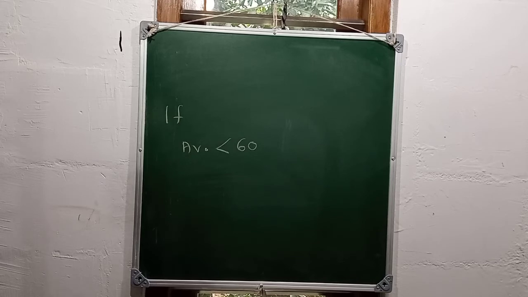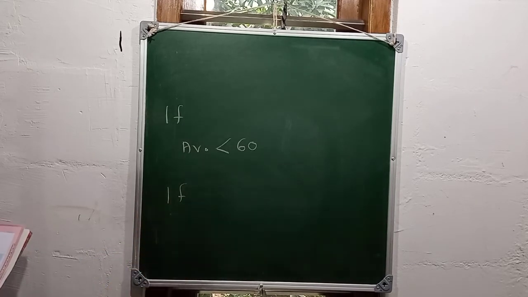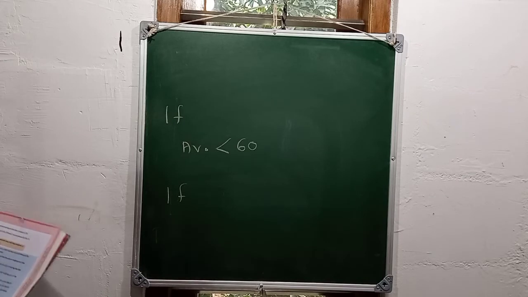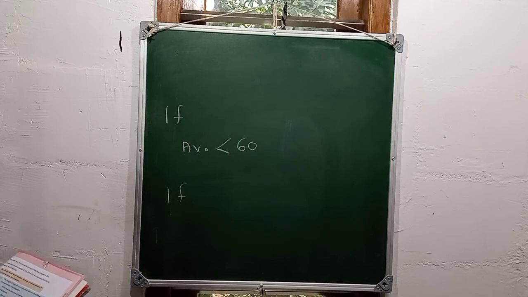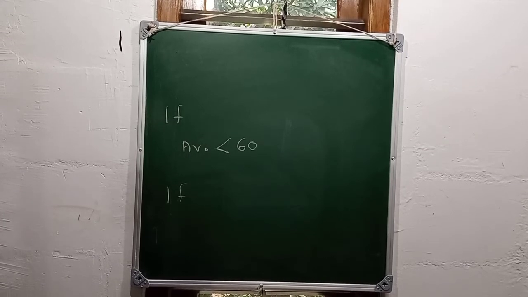Then what about the second part? Prove that the team has at least one player weighing less than 60 kilograms. Same reason. If all the players are weighing more than 60, then the average is also more than 60.